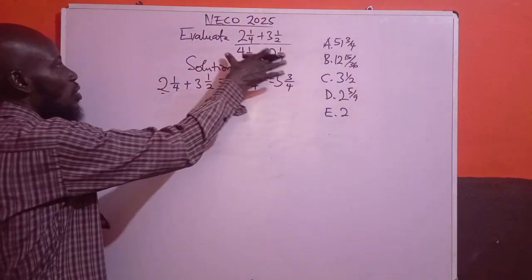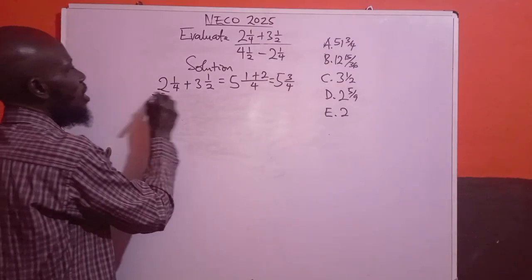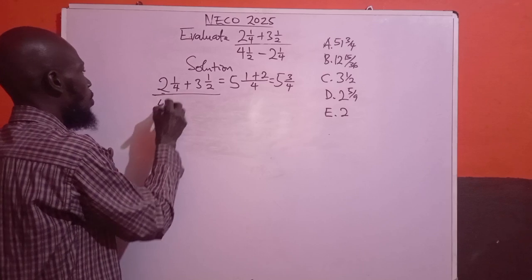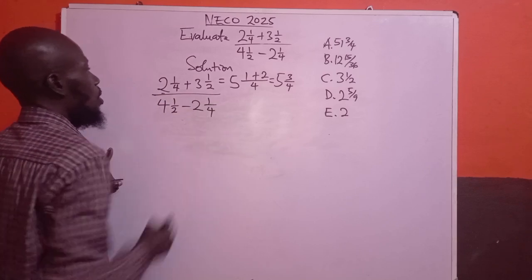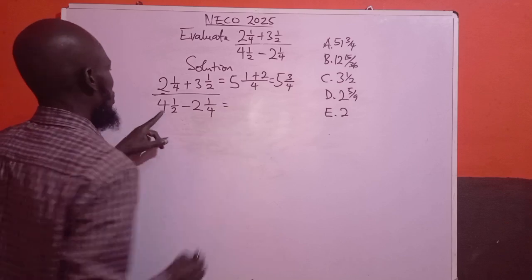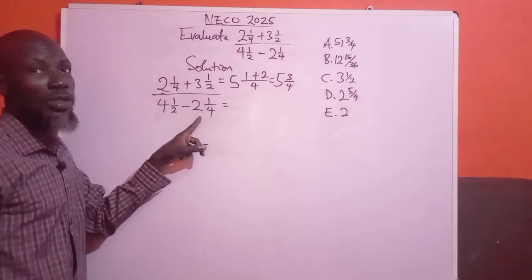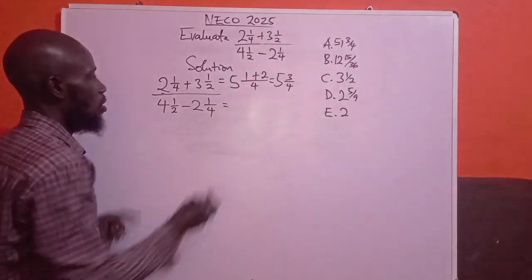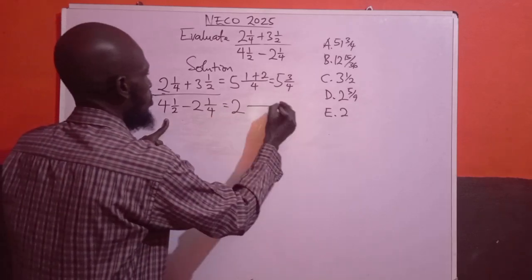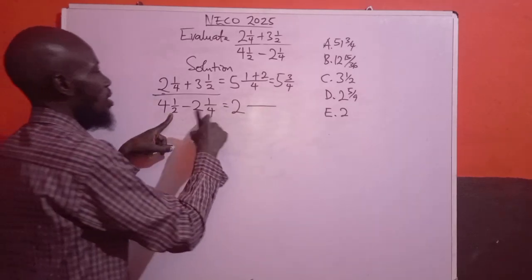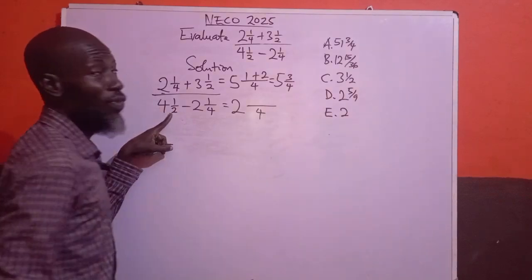So for the fractions below the line, let's have that here also. We have 4 and a half minus 2 1/4. So let's see how we simplify this. 4 minus 2, that will give us 2. For the fractional part, the common denominator of 2 and 4 is 4. The LCM is 4.